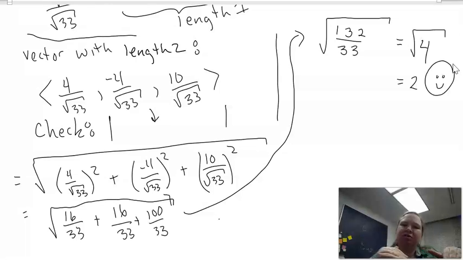Today's is pretty straightforward. Adding vectors is kind of what you expect. Multiplying by a scalar is kind of what you expect. And finding a magnitude of a vector, all you need to do is use that same distance formula. So that's the stuff for today.